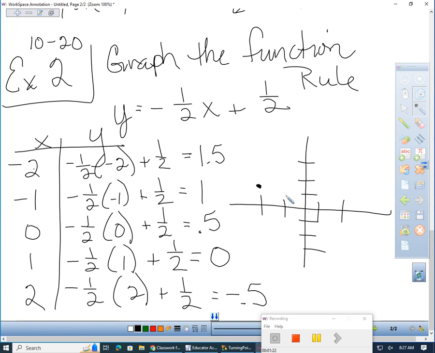So I go left 1, up 1. I have 0 and 0.5. So I don't go right or left, but I go up 1/2. I have 1, 0. And then I have 2 and down 1/2. You can see that is linear. It makes a line. I'm going to go ahead and connect my dots.